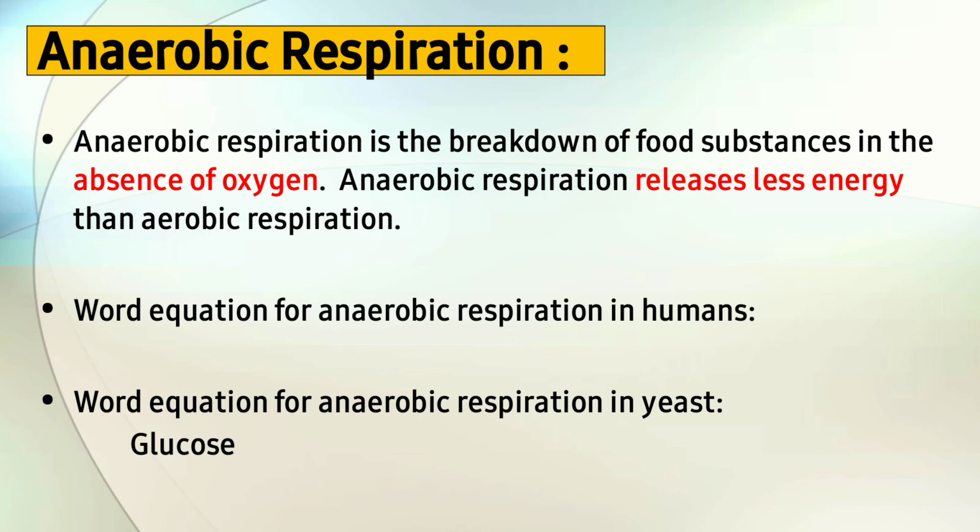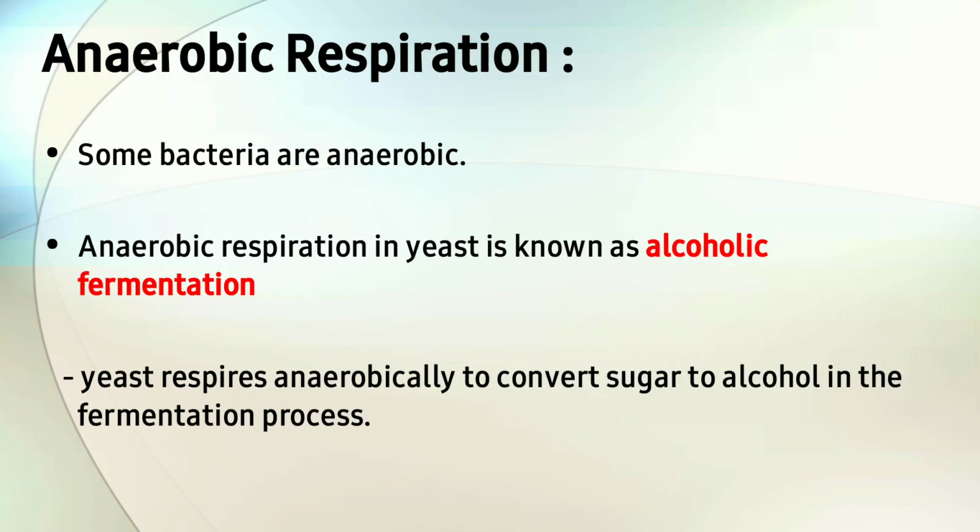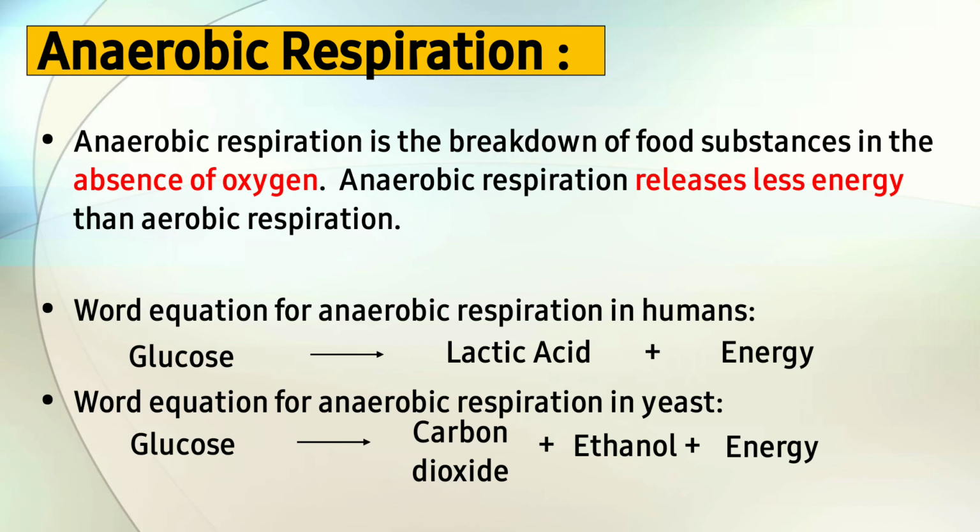Then anaerobic respiration. Anaerobic respiration is the breakdown of food substances in the absence of oxygen, and it releases less energy than aerobic respiration. The word equation for anaerobic respiration in humans starts with glucose.